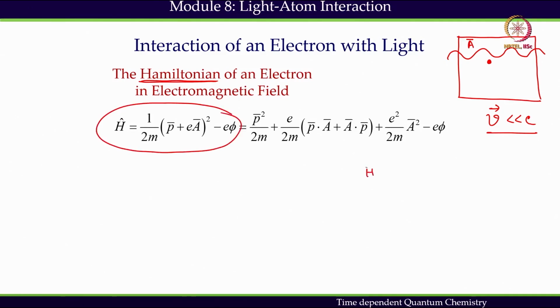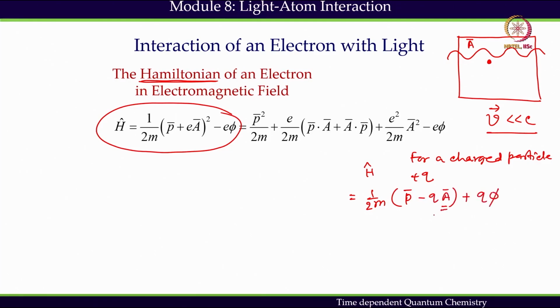Actually, this is the general form of the Hamiltonian for a charged particle. So for a charged particle with charge Q, the Hamiltonian would be 1 by 2m, where m is the mass of the charged particle, then p, the momentum operator, minus QA, plus Q phi.